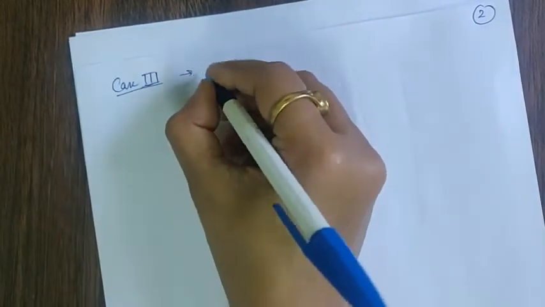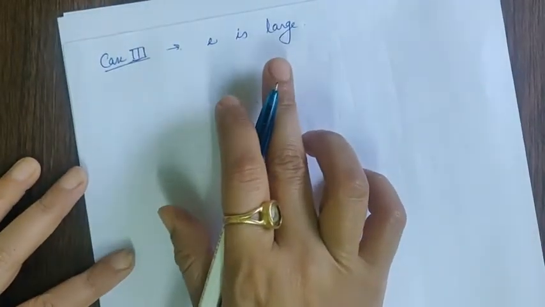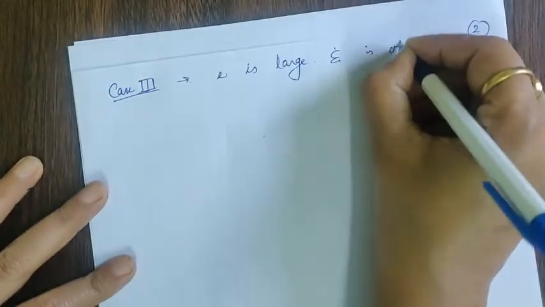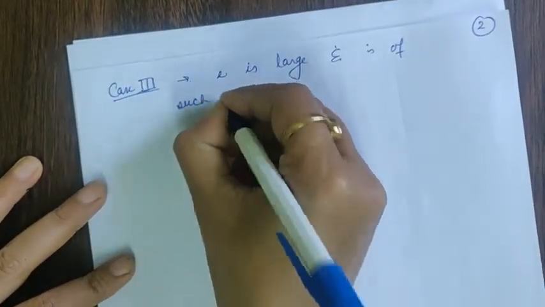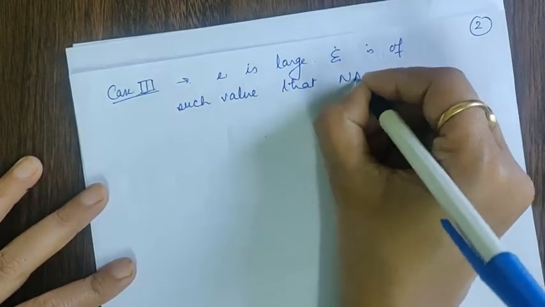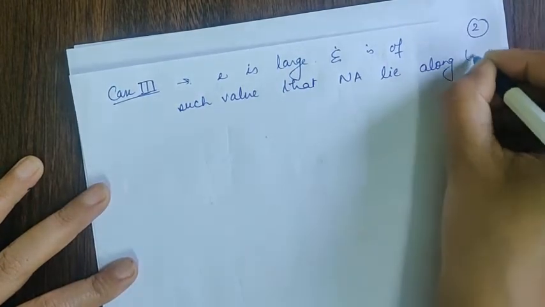Now coming to case 3. Case 3 is where the eccentricity is large, of such a value that the neutral axis lies along the edge.